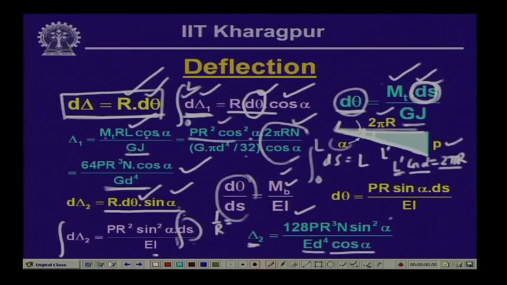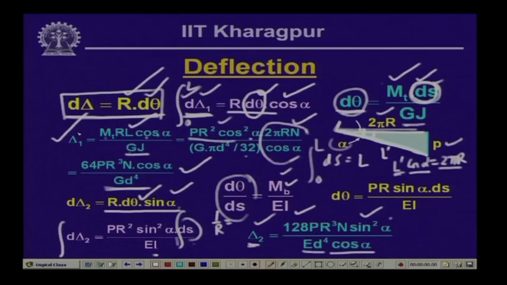And as you know, the bending moment M is equal to P r sin alpha, and here we had one more sin alpha. So, that gives you sin square alpha, and I is πd^4 by 64. So, that when multiplied becomes 128 P r cube n sin square alpha by E d to the power 4. So, this is the value of delta 2 that we have.